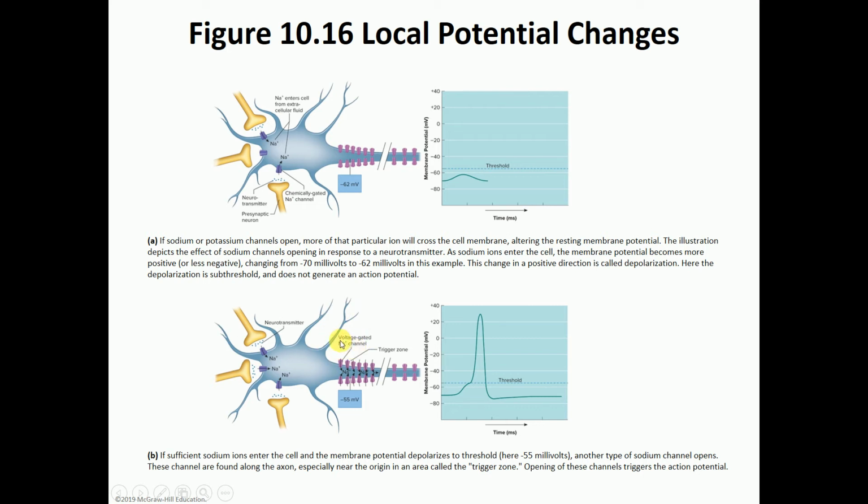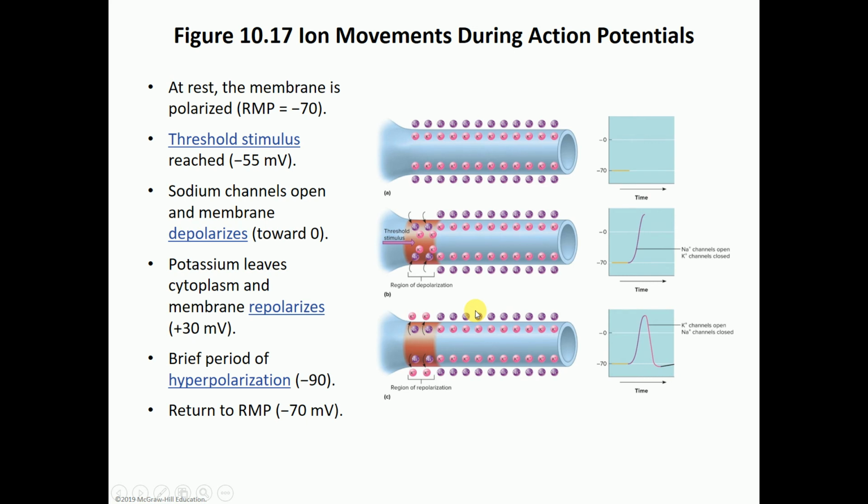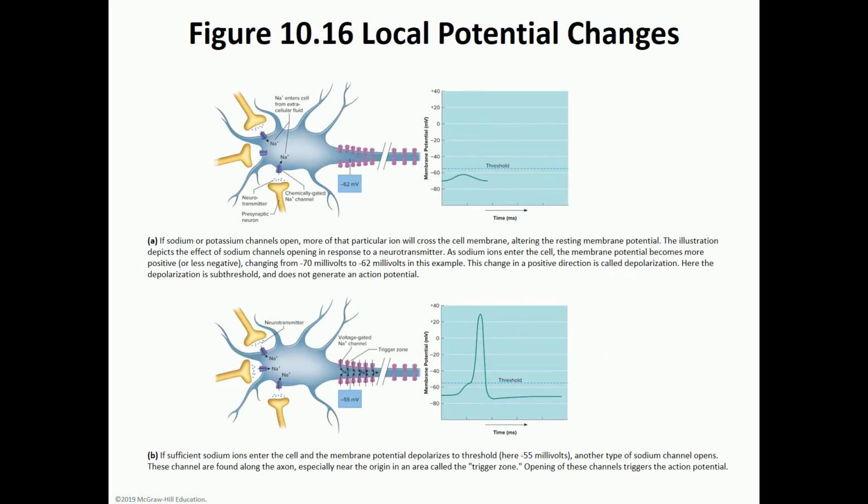Again, they were open due to the change in voltage from -70 to -55. That leads to the upstroke, or the process of depolarization, up until we reach +30. At that point, potassium ions open, sodium ions deactivate, and potassium is going to escape from the cell. They shut down very slow, and that leads to the hyperpolarization.